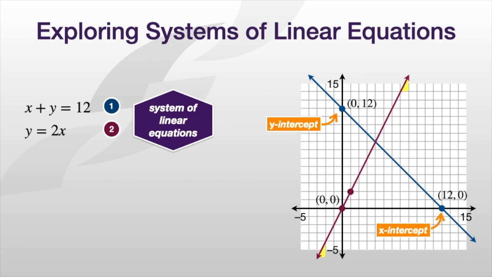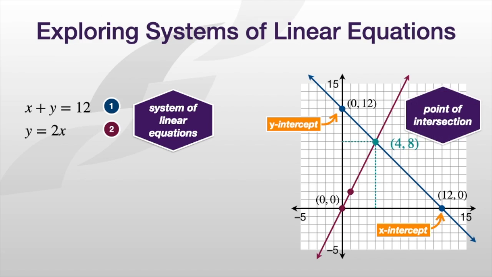More importantly, notice that the point where the two lines cross is our solution from earlier. A point at which two lines cross or touch is called a point of intersection. This point of intersection represents the only x and y values that satisfy equations 1 and 2 simultaneously.